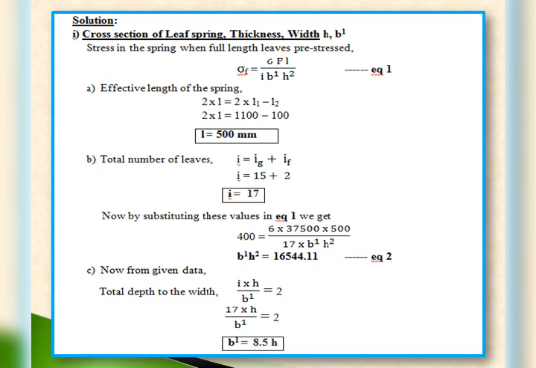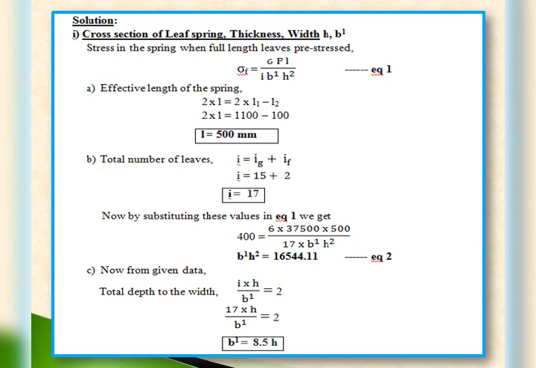Next, the initial nip can be evaluated using the equation for the initial gap between the full-length and graduated leaves with the pre-stress. From that it is possible to get the unknown initial nip. C is equal to 2 into F L cube divided by i into b dash h cube into E, that is equation number 11.32a, page number 182.